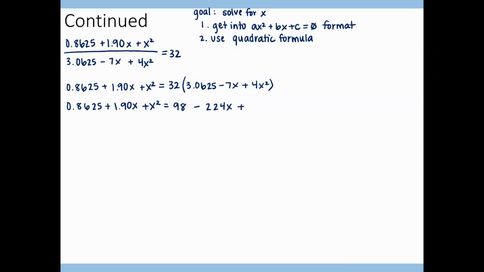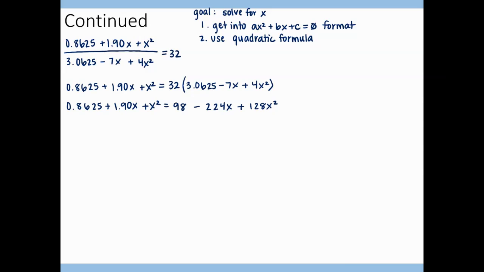And then 32 times 4x squared is 128x squared. Now we have no fraction, which is good.